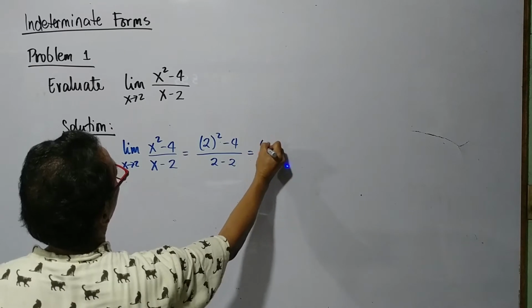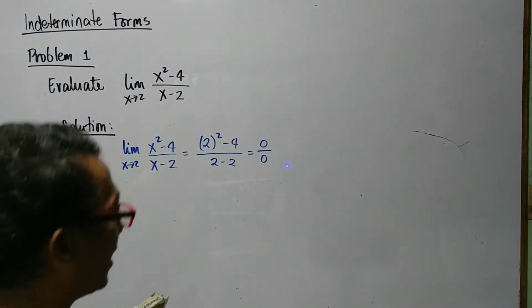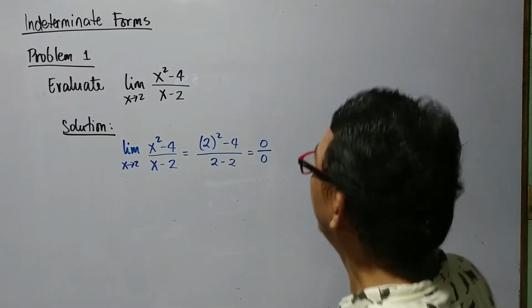You have now 0 over 0. So this is now an indeterminate.